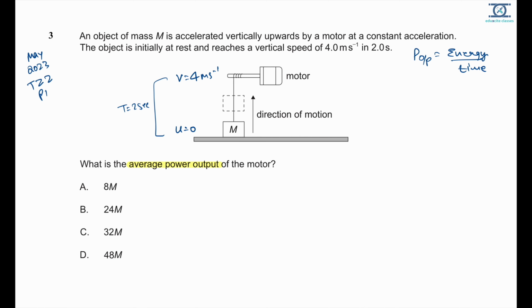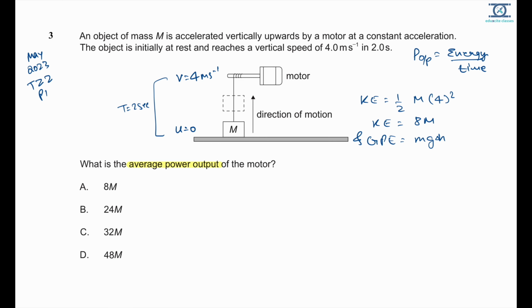So first of all, we can find the kinetic energy gain. Kinetic energy will be half m, v is already given, which is 4 squared. If you solve this, kinetic energy comes out to be 8m, and gravitational potential energy is mg delta h.